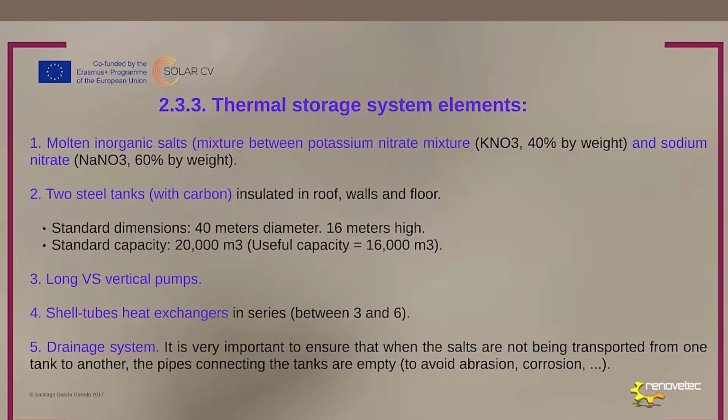Two steel tanks which are going to store these salts. They have standard dimensions of 40 of diameter and 16 of height, and the standard capacity is 20,000 cubic meters, although the useful capacity is 16 cubic meters.